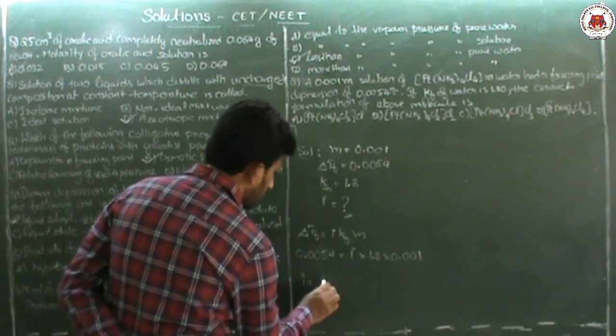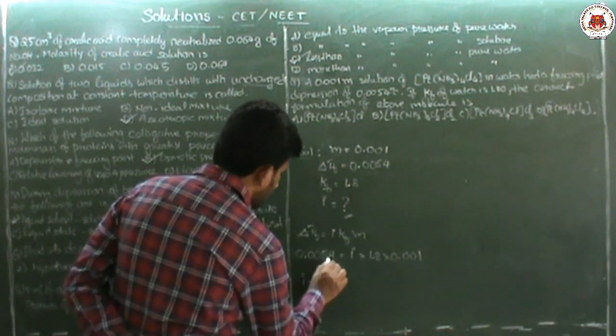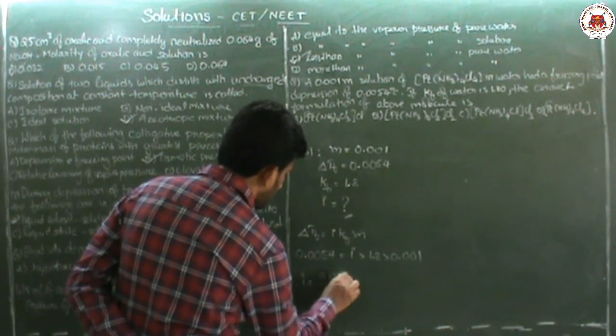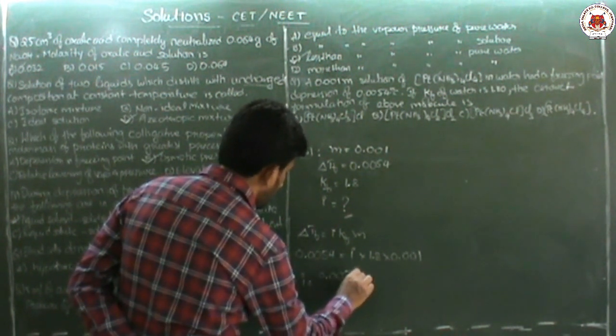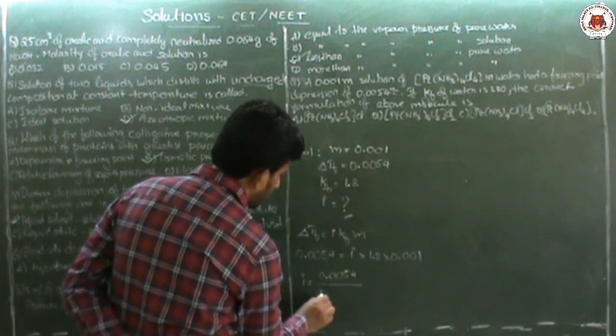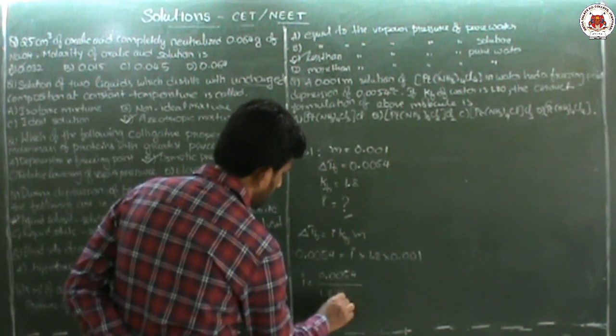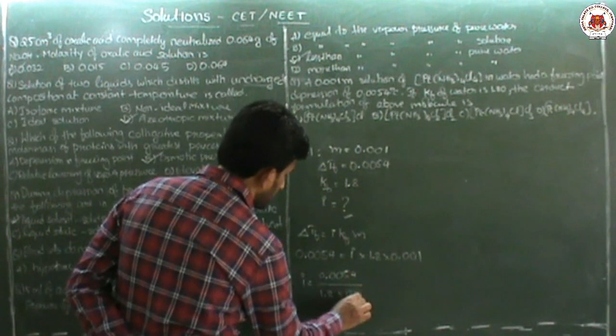Then i is equal to 0.0054 divided by 1.8 into 0.001.